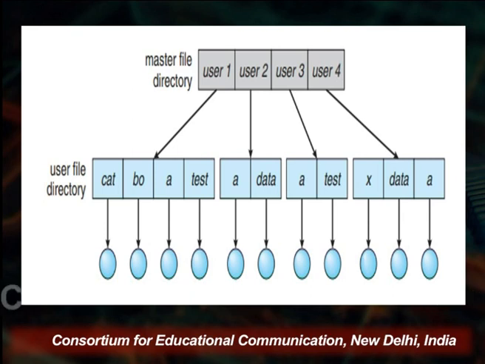For example, user 1 stores files in its UFD1, user 2 in UFD2, user 3 in UFD3, and so on. And UFD1, UFD2, UFD3 are all stored in the master file directory.